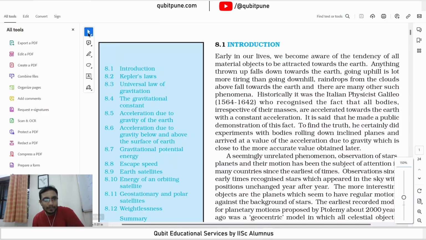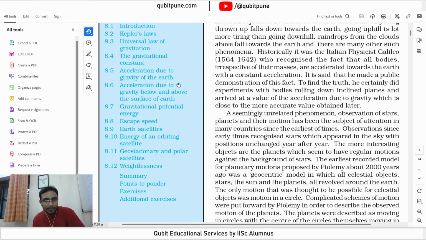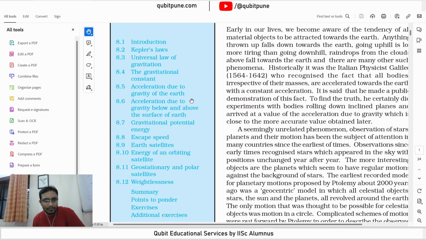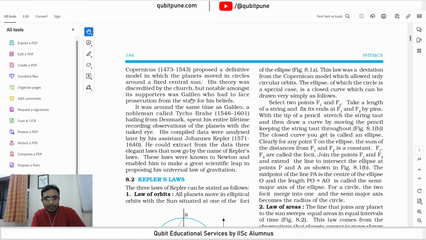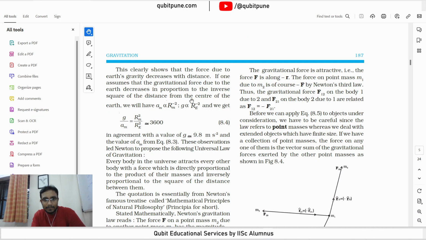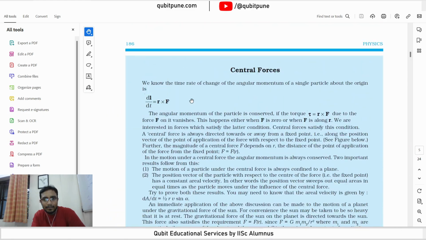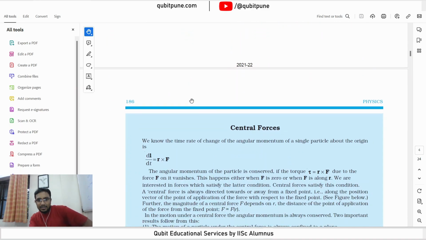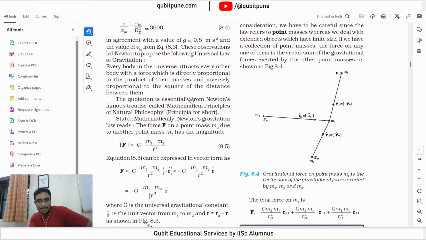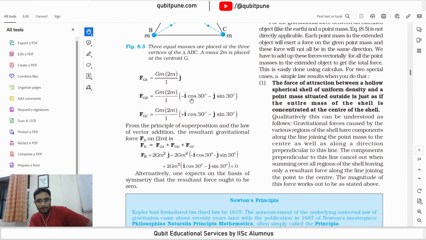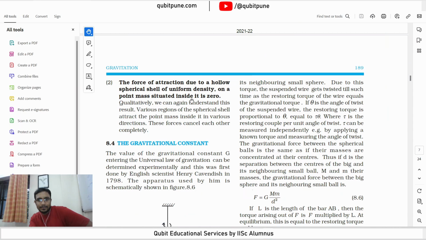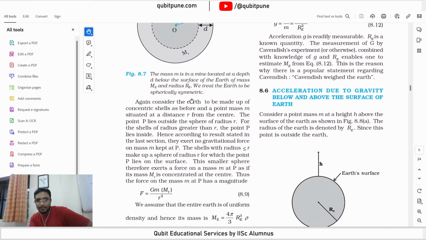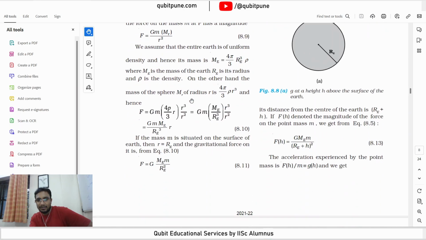Okay, I'll show it to you now. Quickly, try to find it in NCERT. Variation of g with respect to... okay, acceleration due to gravity above and below the surface of the earth.